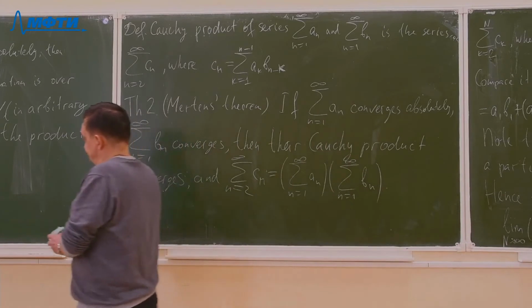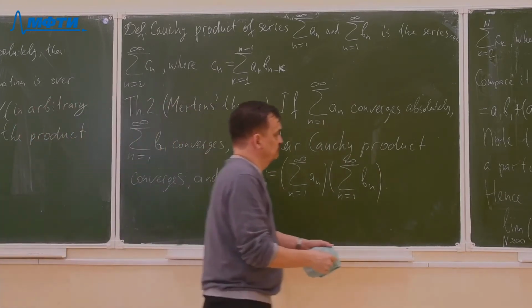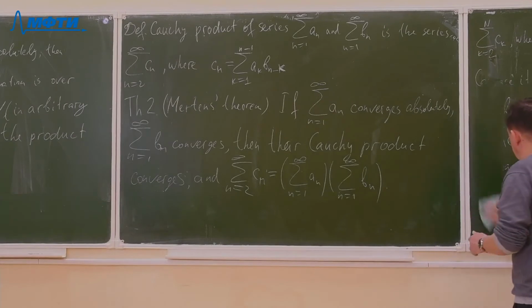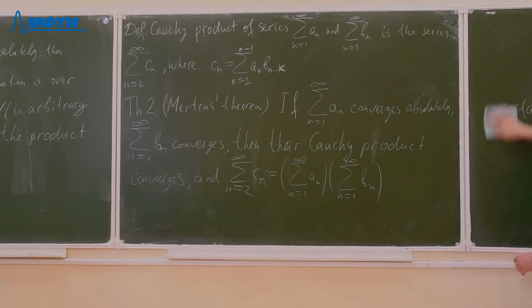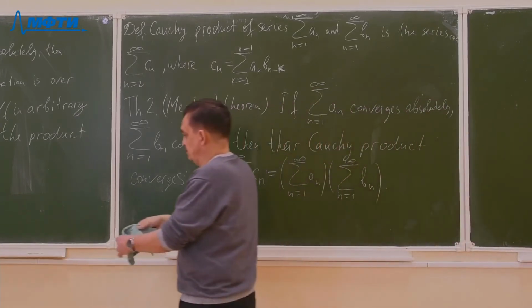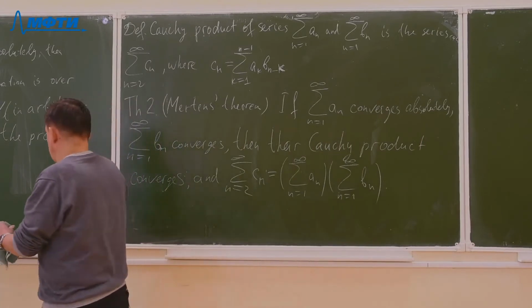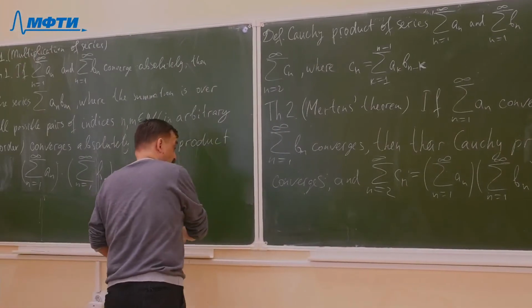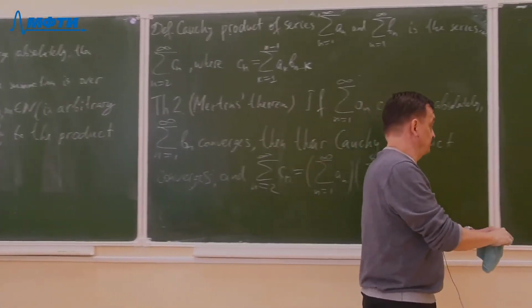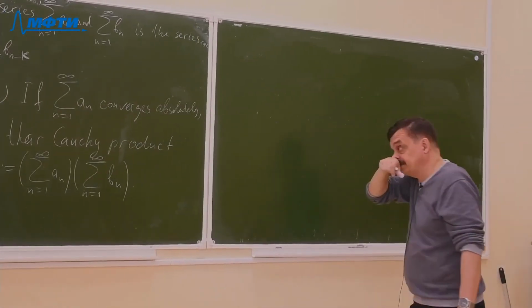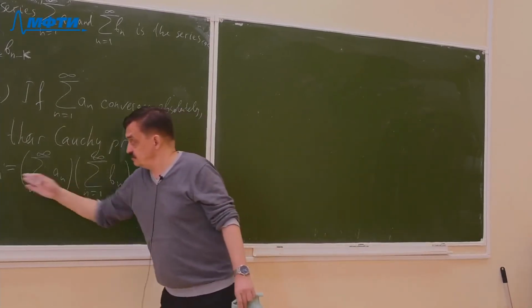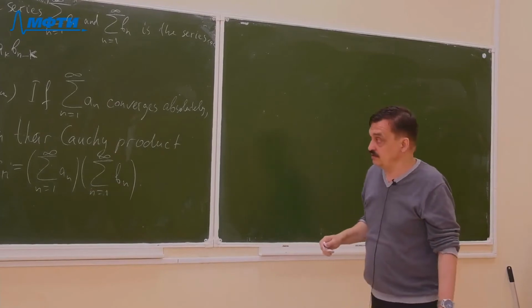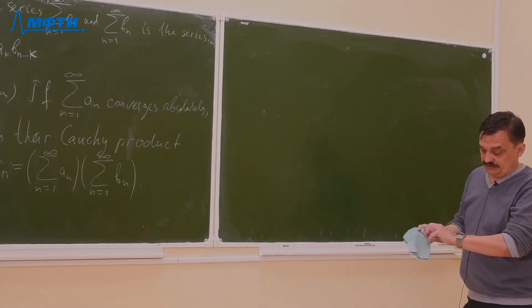So proof. Of course, we cannot expect more general assertions because, as we know, if a series converges conditionally, then rearrangements are very important. So we have to choose some special rearrangement if we want to have such a nice property, namely the sum of a product equals the product of sums.